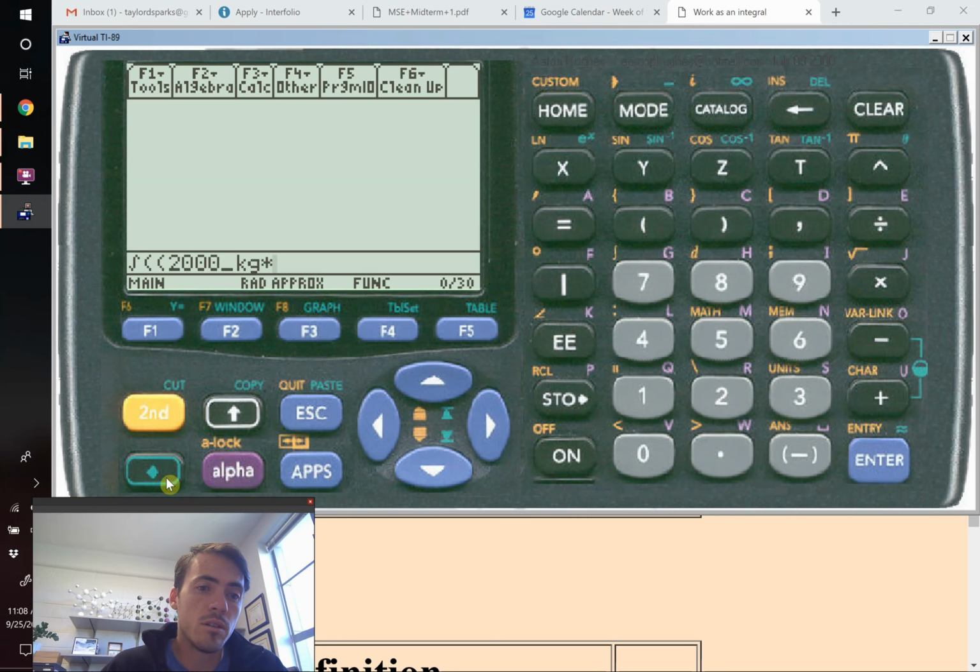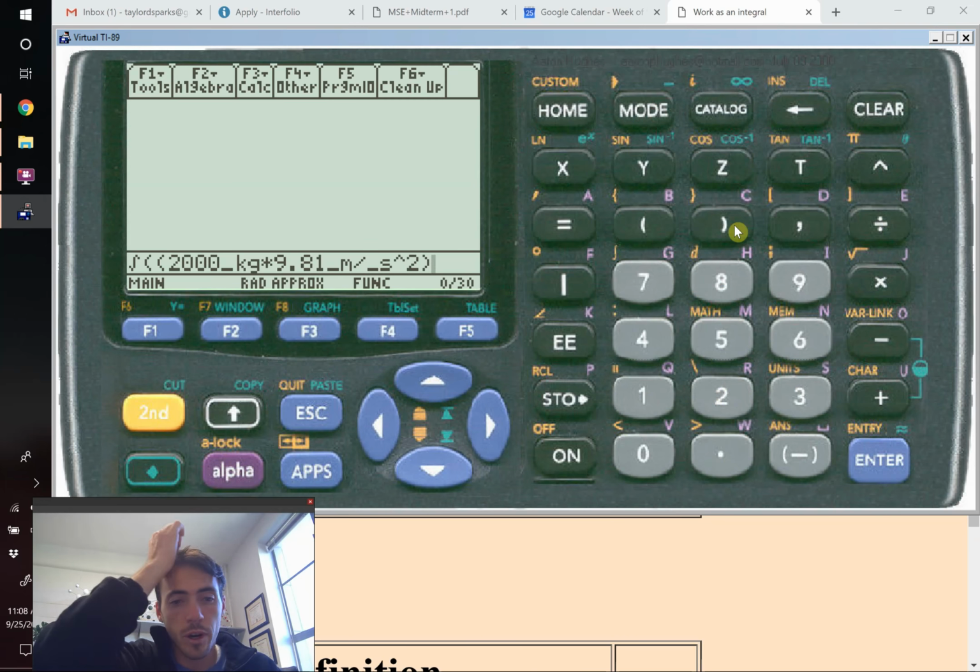Now, this is one of the instances where gravity is actually a pre-programmed constant in your calculator. _g, that's the specific gravity constant. However, you could put it in yourself just as easily. It's 9.81 meters, so you go _m, divided by seconds, so _s, and then that's squared, meters per second squared. Okay? So that is our expression for force.